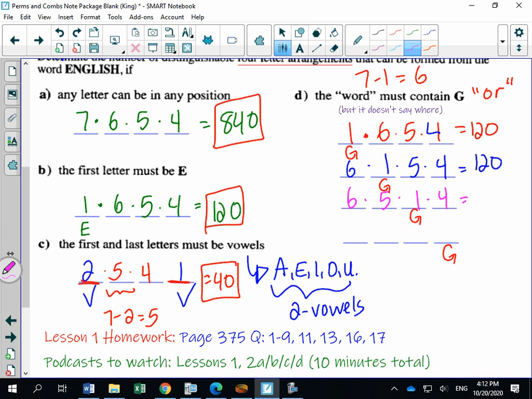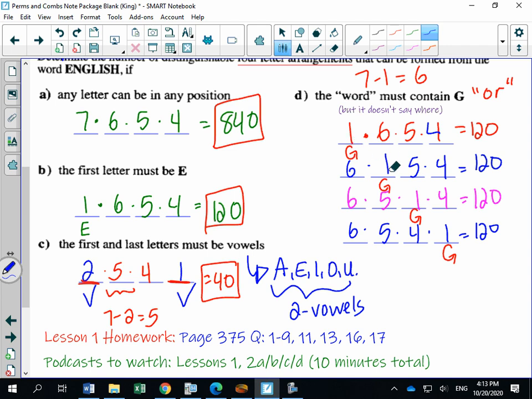So 6 times 5 times 4, again, is 120. Again, the G could go there. There's only 1 G. There's 6 letters available to go there, 5 letters available to go there, 4 letters available to go there. That gives me 120 total arrangements for this possibility.